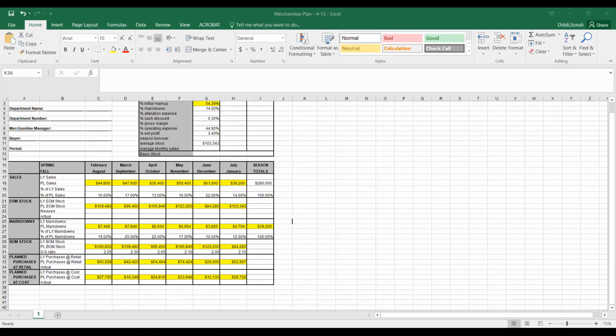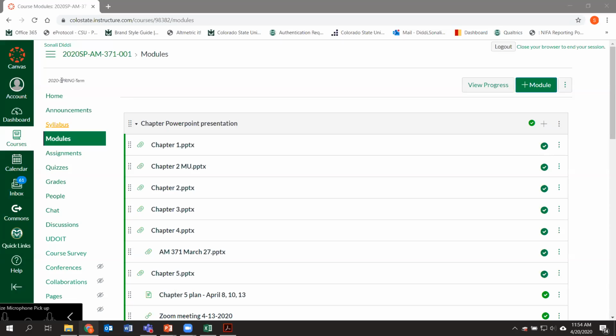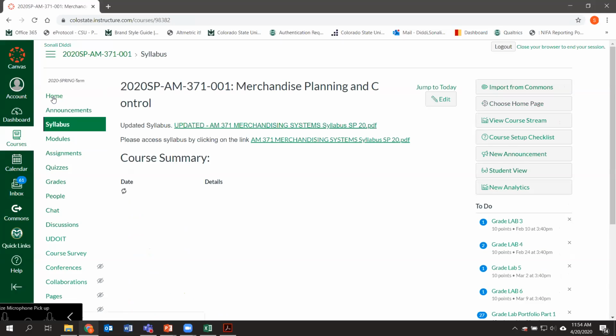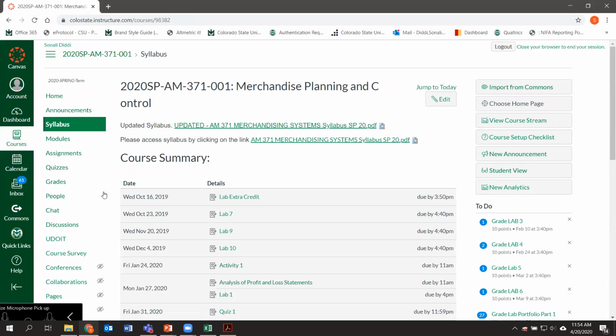Okay, I'm repeating it again. When you go to modules, okay, let me... Everybody can see the Canvas? Yeah, it's up. Okay.